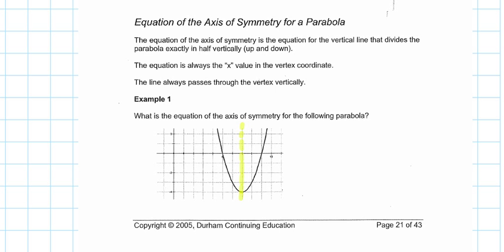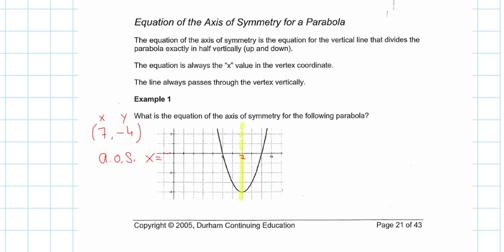If you look back at the vertex, I had 7 and -4. 7 is the x value of the vertex, -4 is the y value of the vertex, yes? So you see how it passes through the 7 here? So that means the axis of symmetry is a line that passes through the x value of the vertex. So when I want to write the axis of symmetry, I say axis of symmetry is x equals 7.